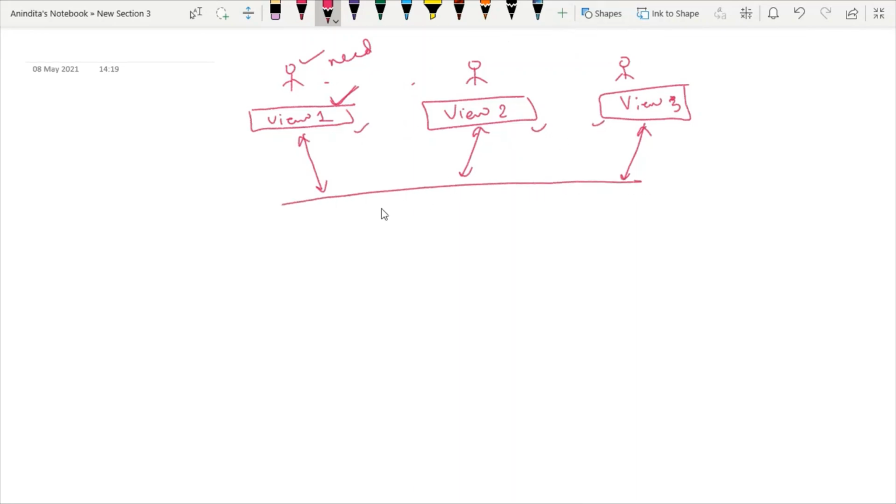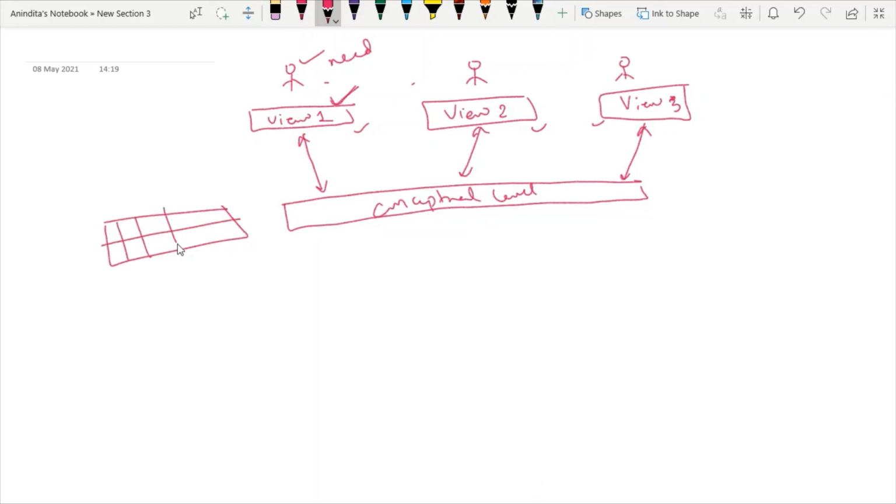Now we will have the conceptual level, and this conceptual level deals with the actual schema. Actual schema means the table structure. And tables mean what? In a table, in the columns, which are also known as attributes, we will write the name of the data that we want to store.